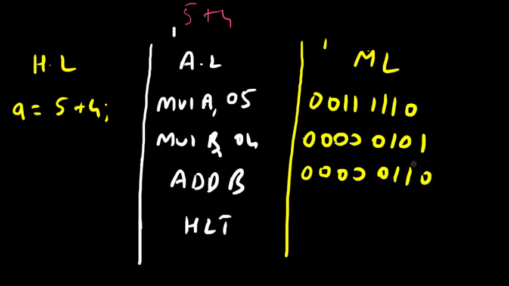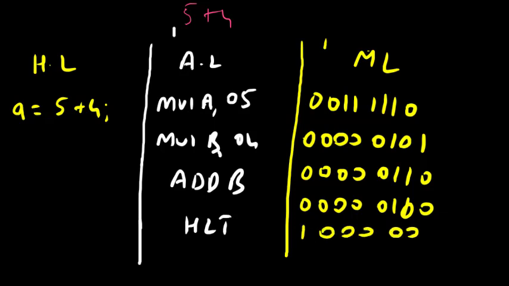Now we don't need to worry about how I got this code. I'm just showing what the structure of this particular machine code would be. So this is actually 0. Then ADD B is 1 0 0 0 0 0 0 0, which is 76.